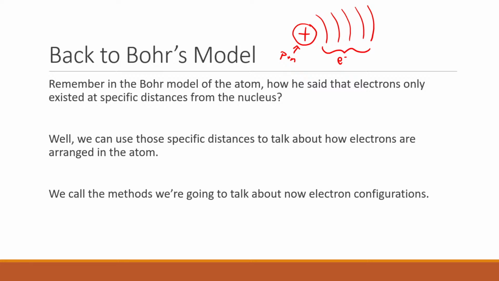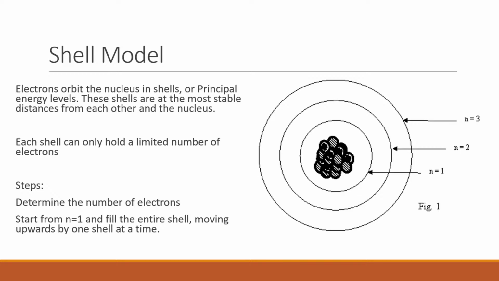Right, if I were to pull up a picture of Bohr's model, we could see that these shells are concentric circles, with each one bigger than the one that came before it.